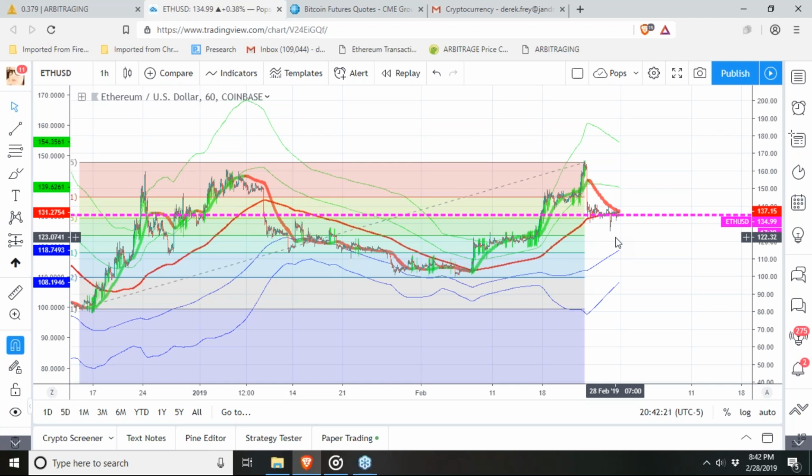So I'm 50% of the way to my target, and I'm now going to move my stop, which was 15 points below, up to break even.